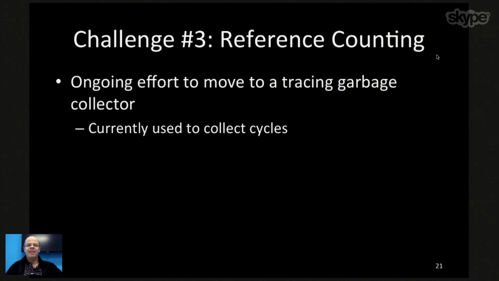GCC doesn't understand the semantics of reference counting, so it's not able to do the same kinds of optimizations there either. But with a tracing GC, we think we can eliminate more of these overheads. Of course, garbage collection has its own overhead, so we're going to see where we land there, but we're willing to try this.